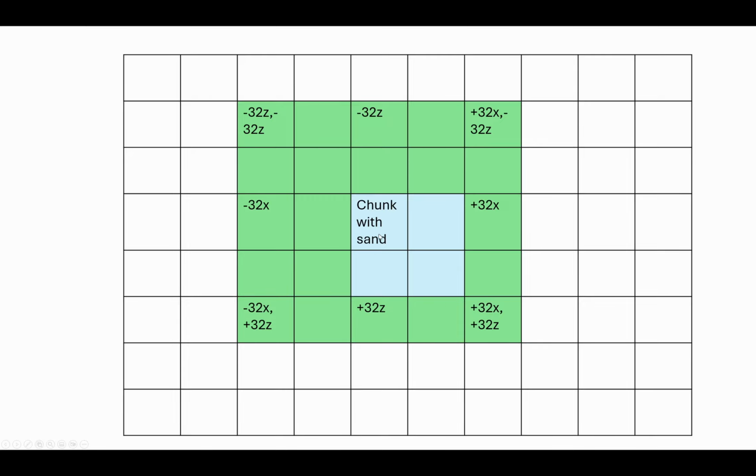So the position within the chunk also matters, because all chunks within 8 blocks of an async line need to be non-clustered. So these light blue chunks, if those are clustered, it's actually bad. And all of these green chunks, if they are clustered, it's all beneficial, because then the sand code is slowed down without the async lines being slowed down, because their check for 8 blocks away is not being slowed down.